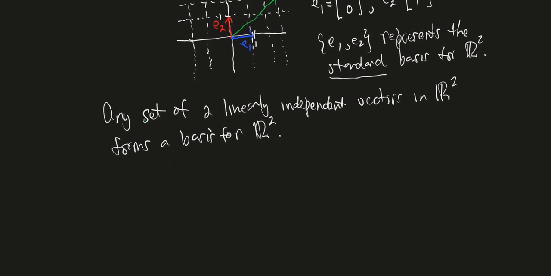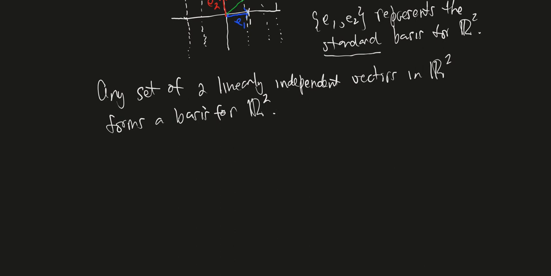So just to give you an example of this, suppose I have a vector like this, and then any vector that doesn't form the same line, let's say a vector like this, then if I did the same thing, this is how I can generate my entire plane, right?